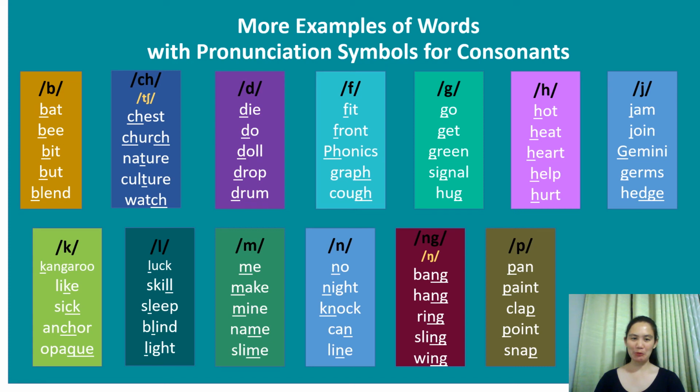More examples of words with pronunciation symbols for consonants. B: bet, beat, bought, blend. Ch: chest, church, nature, culture, watch.